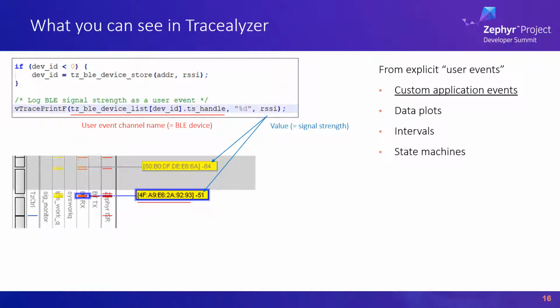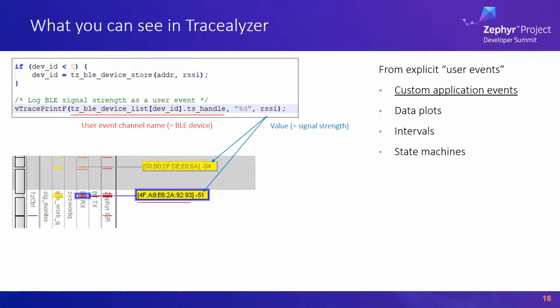Another way you can do tracing in Tracealyzer that is very powerful in parallel with the kernel tracing is what we call user events. And this is explicit logging that you add in your code, very similar to a printf call, but the first parameter is what we call a user event channel name. That's only a grouping of these events, basically a label that organizes the data.